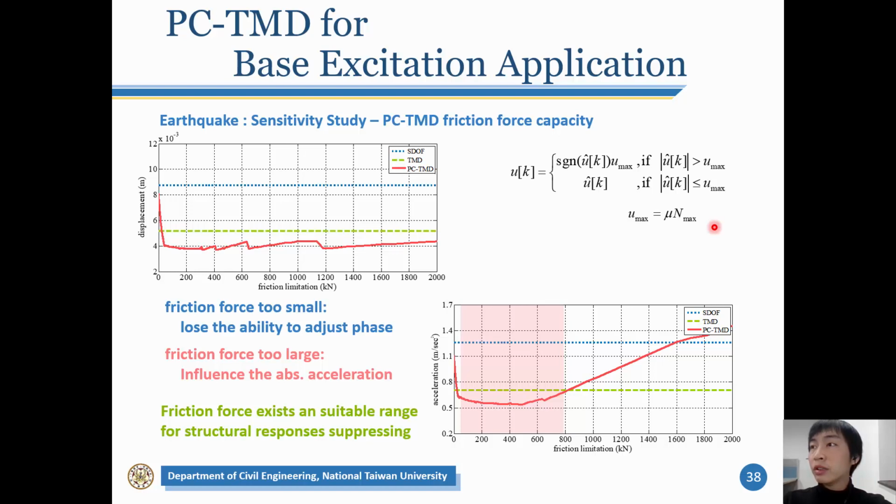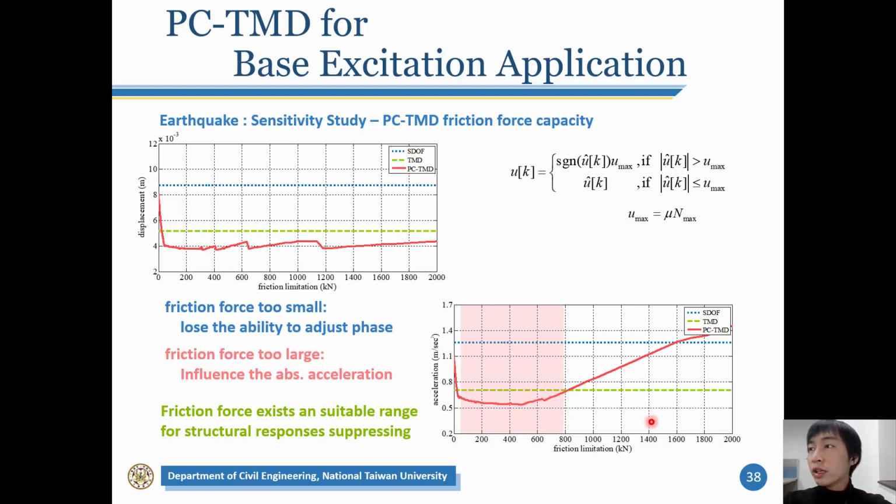And in this case, we further simulate a sensitivity study of the friction force capacity of the phase control tuned mass damper. The simulation result shows that if the friction force is not sufficient, the phase control tuned mass damper performance will reduce.